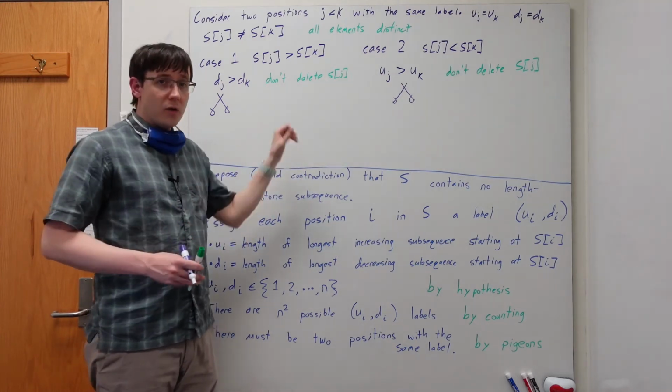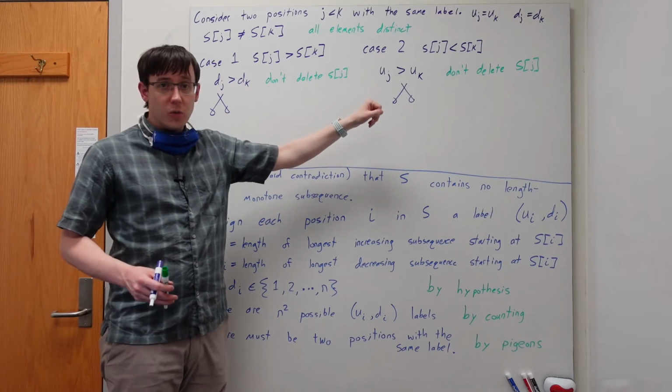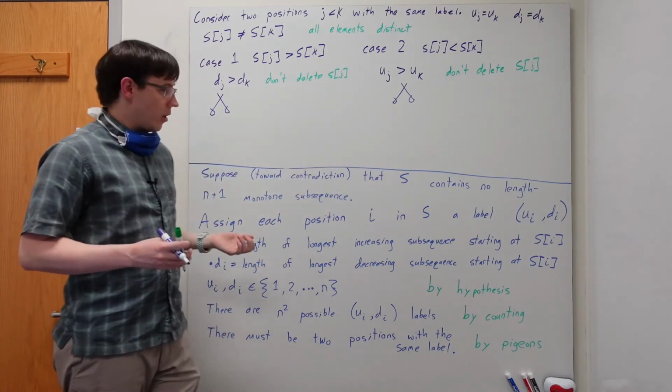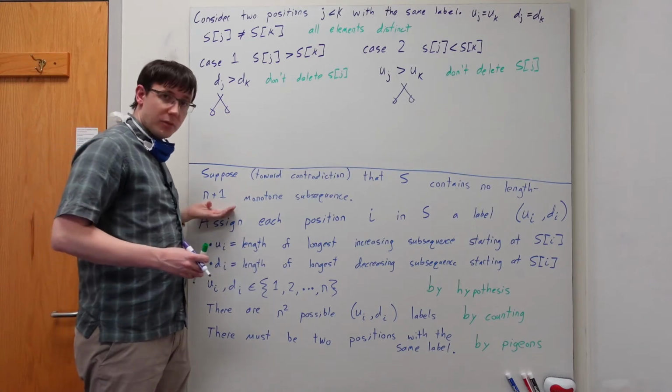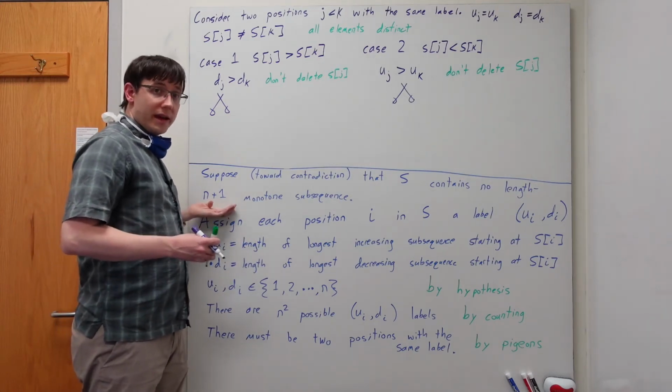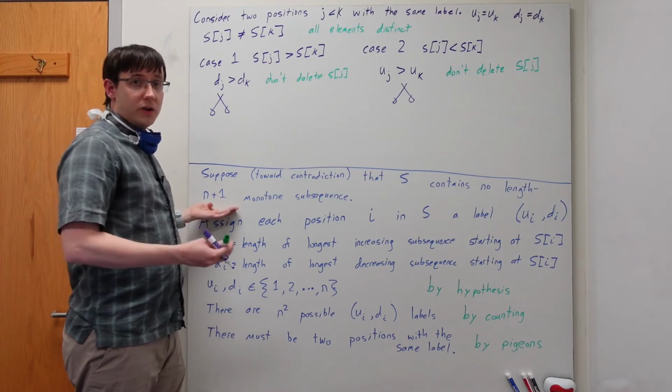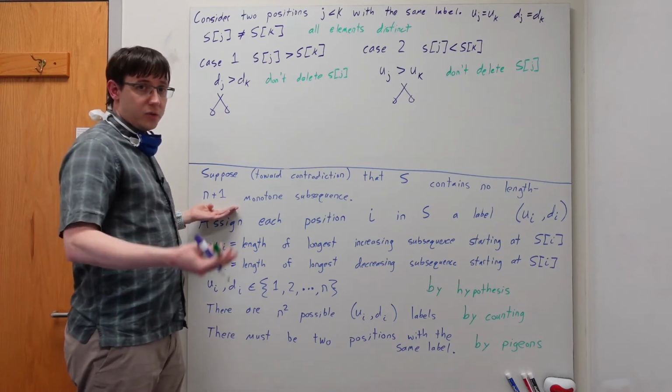So because we arrive at a contradiction either way, some assumption we made must have been faulty, and the only potentially faulty assumption we made was that the sequence contained no monotone subsequence of length n plus 1.